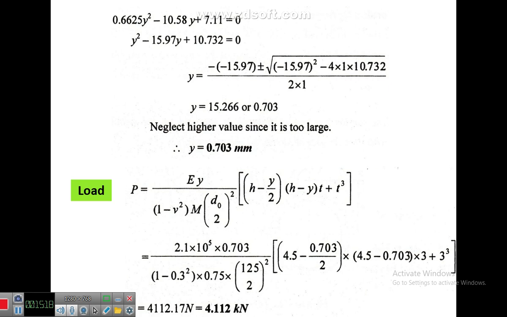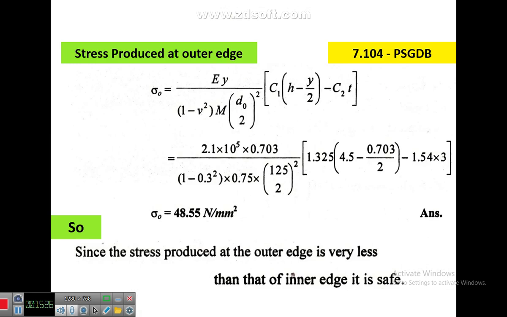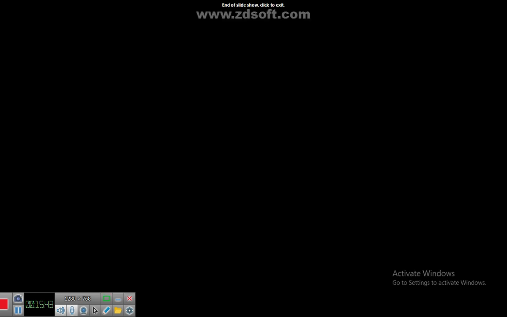Then coming to the next, the load formula, substitute the unknowns and also the y value, and you can get 4.112 kilonewton. And another one, the stress produced at the outer edge, that is sigma naught. This formula is also available on page number 7.104 of the PSG data book. Substitute all the unknowns, you can get 48.55 Newton per millimeter square. So that's all for today. Thank you.